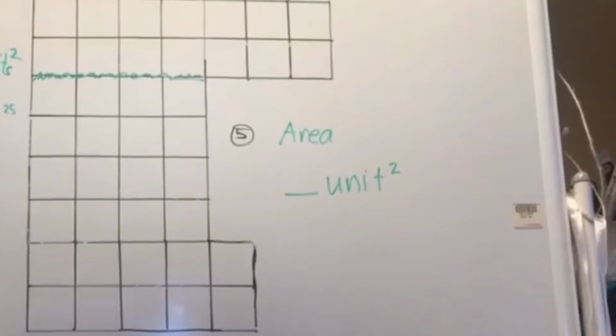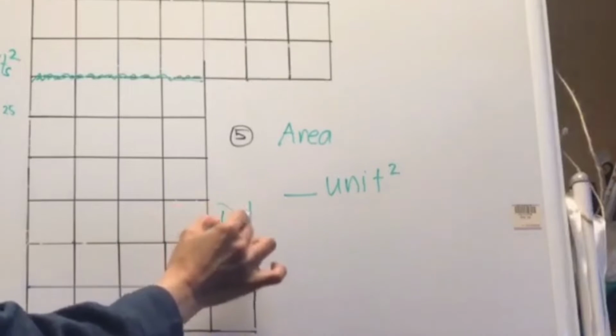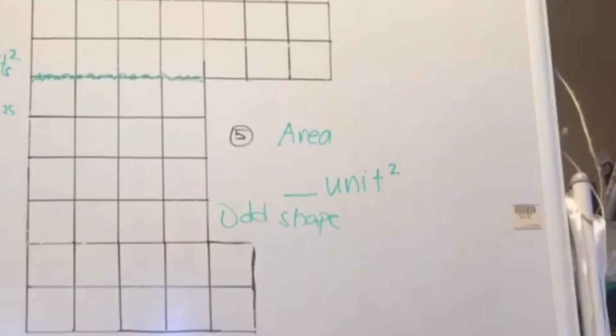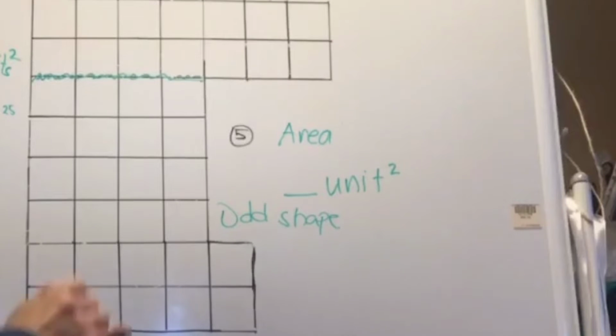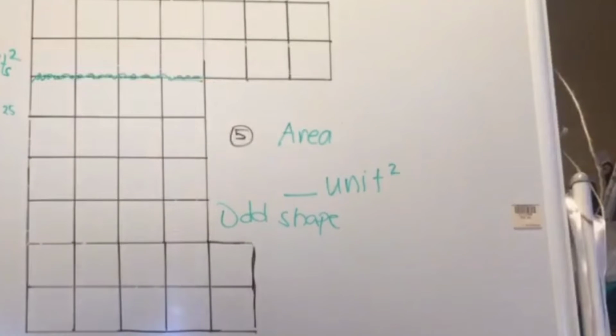Now let's take a look at this example for number 5. It's not the same as the example of number 4 because it's an odd shape. Now what we could do is break it into small pieces and do the length and width on this one.